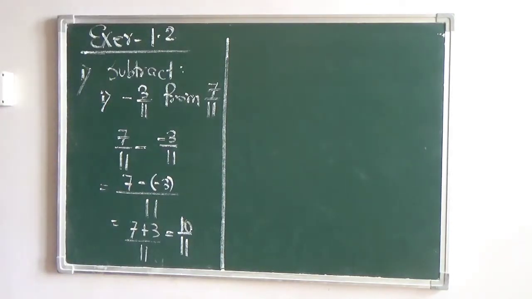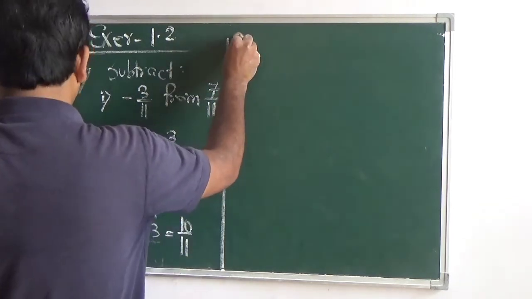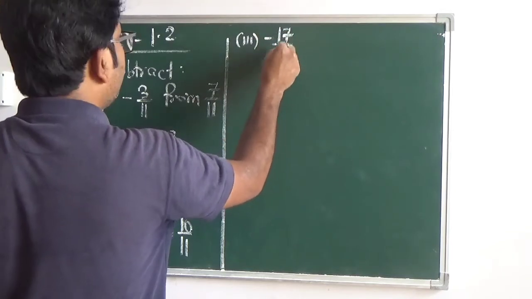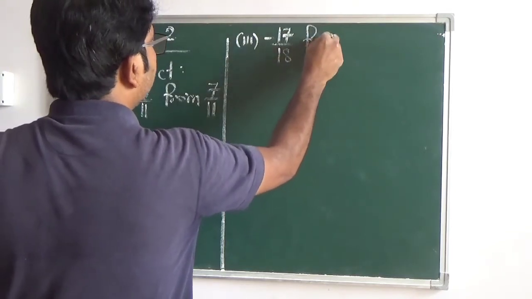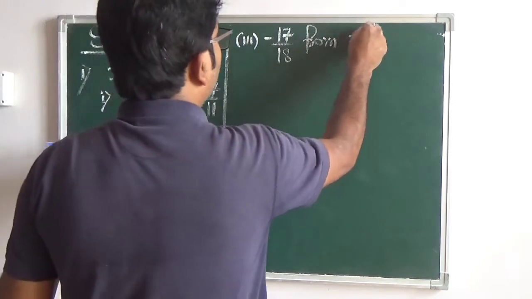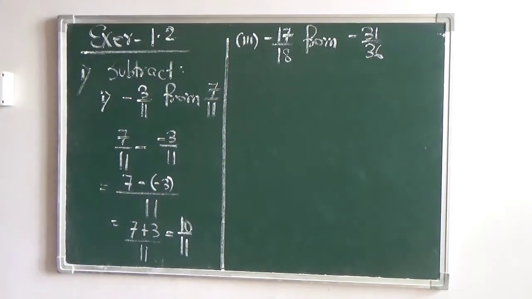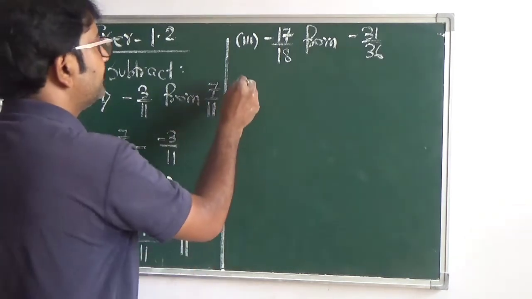Okay, now the second, we take another one, part 3 I am taking, minus 17 by 18 from minus 31 by 36. Since it is from, minus 31 by 36 will be written in the first position.